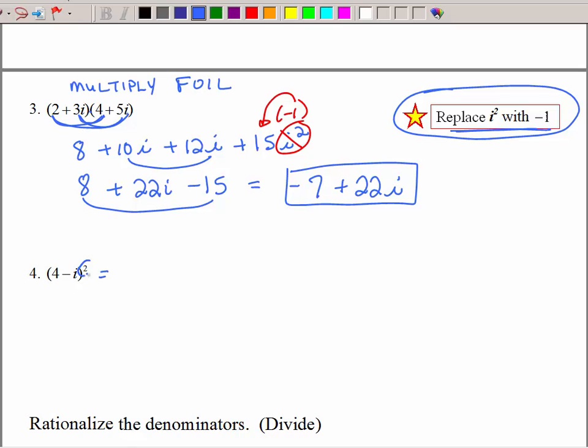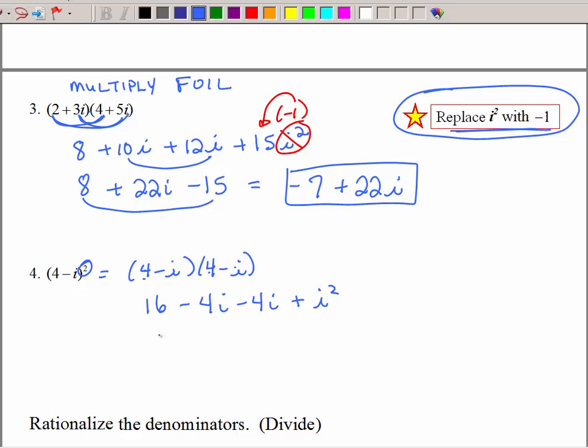Okay, what happens when you see something like that? It means to write it out twice, or do that in your head, either way, and we're still going to FOIL it. So 4 times 4 is 16. We have negative 4i, negative 4i, plus i squared. Now hopefully you might even be able to just write down 16 minus 8i plus i squared, and that would be great.